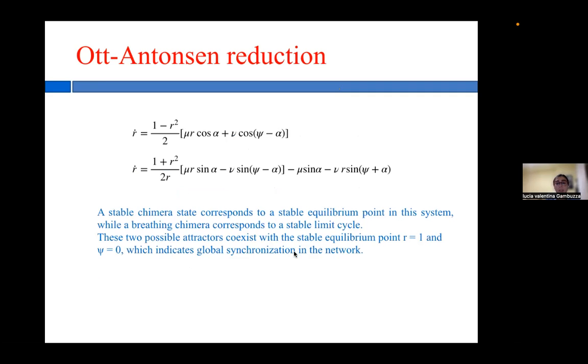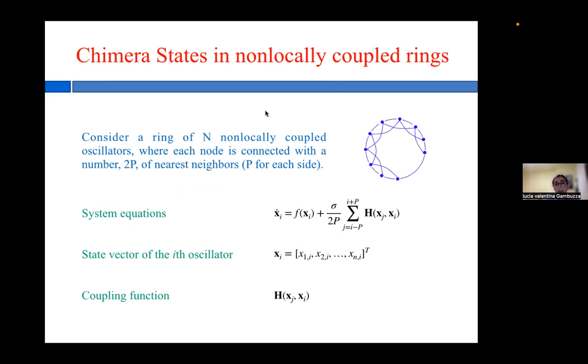So we can derive the states that we are seeing right now, the different types of chimeras, just by looking at the behavior of these two parameters. Now I want to change the setting a little bit.